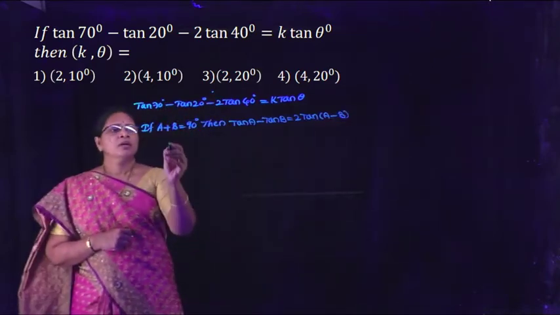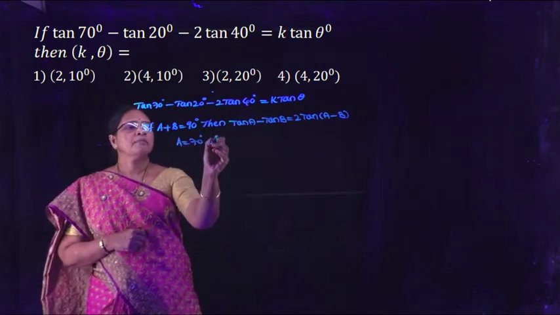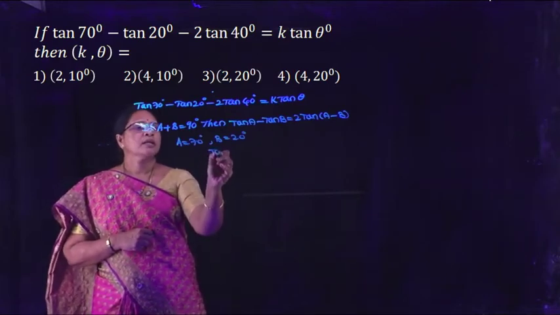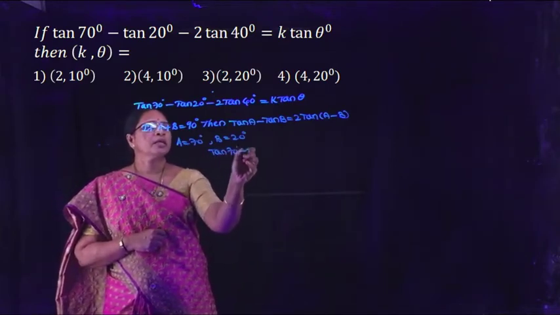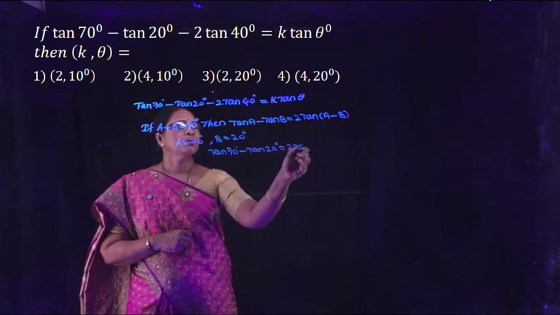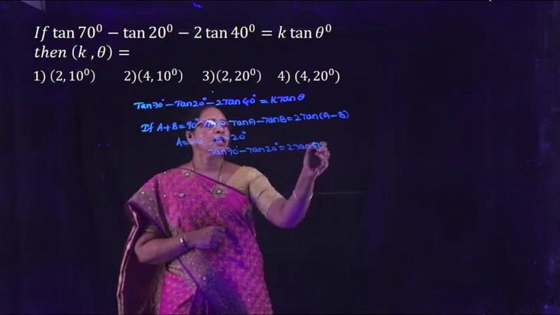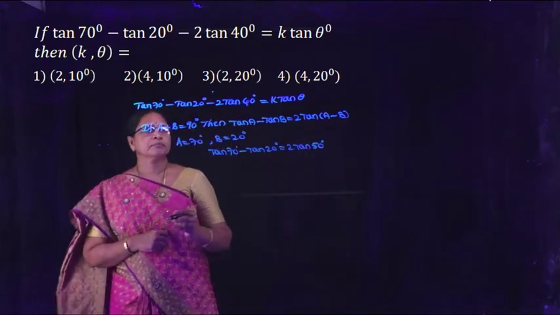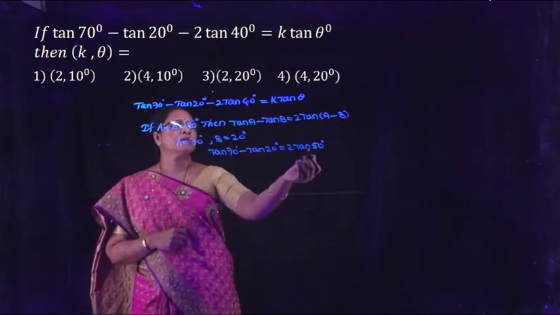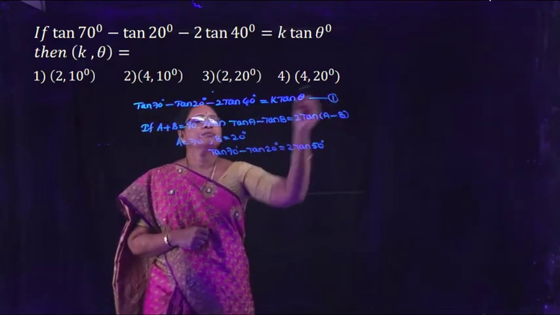Here we take a is equal to 70 degrees and b is equal to 20 degrees. Then tan 70 minus tan 20 is equal to 2 tan 70 minus 20, that is tan 50 degrees. By substituting tan 70 minus tan 20 is equal to 2 tan 50 in equation 1.